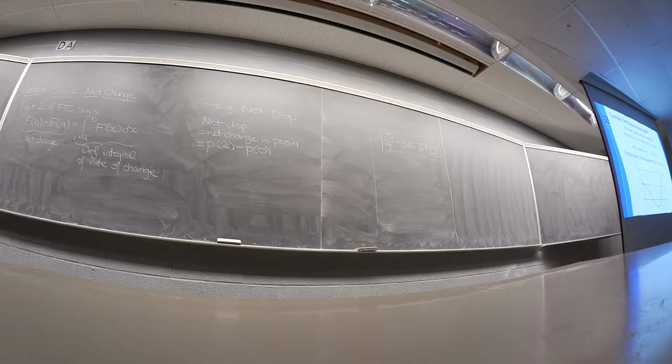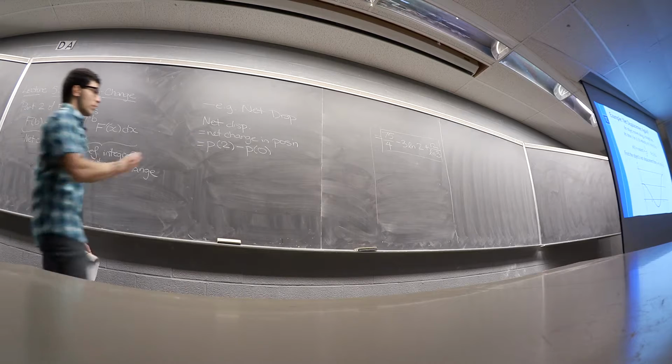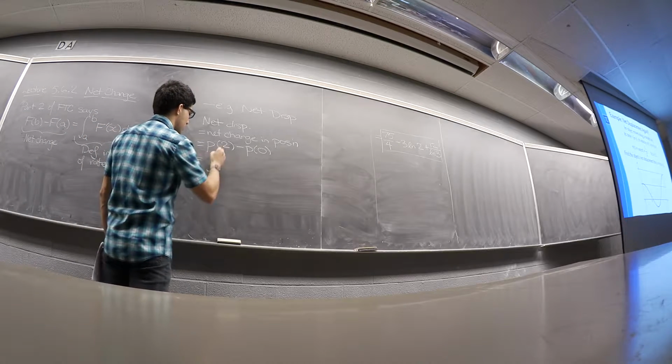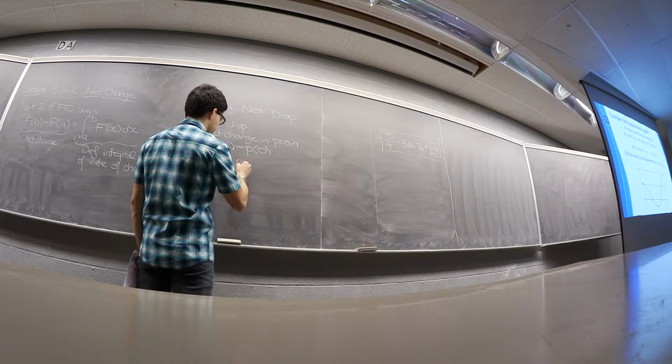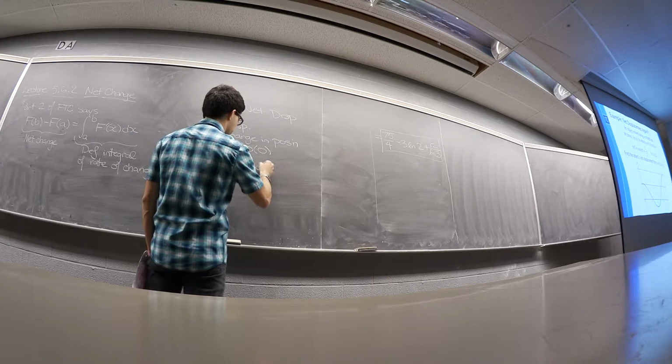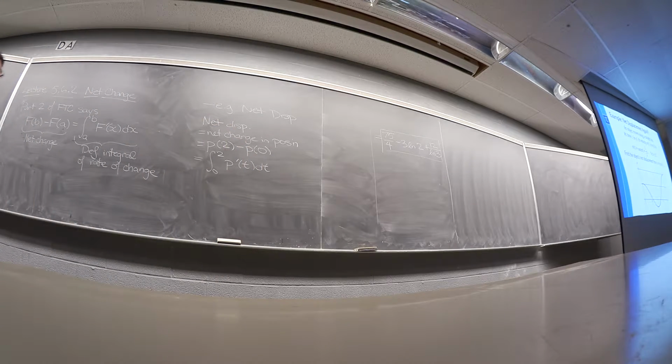What does this guy say? It says that if you want net change, all you have to do is integrate the rate of change. That's it. What's the derivative of position?